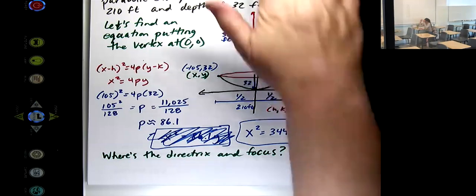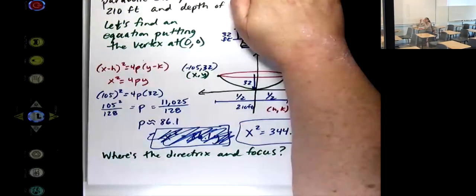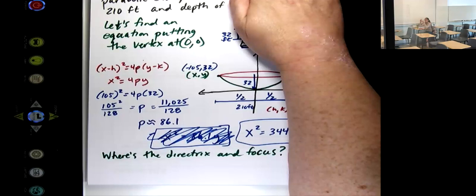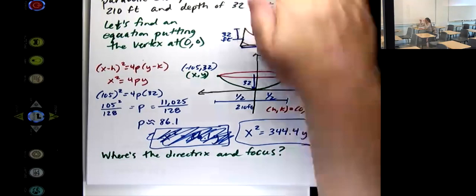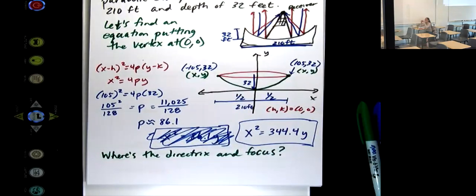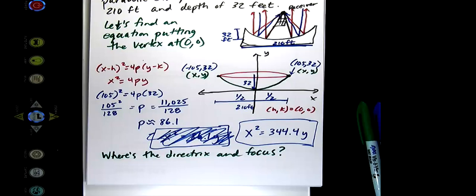Ignoring the parabola that we have here, how far away is the focus from the vertex, in general? The vertex is, in this case, because there's no h or k, at x equals 0, and y equals p.